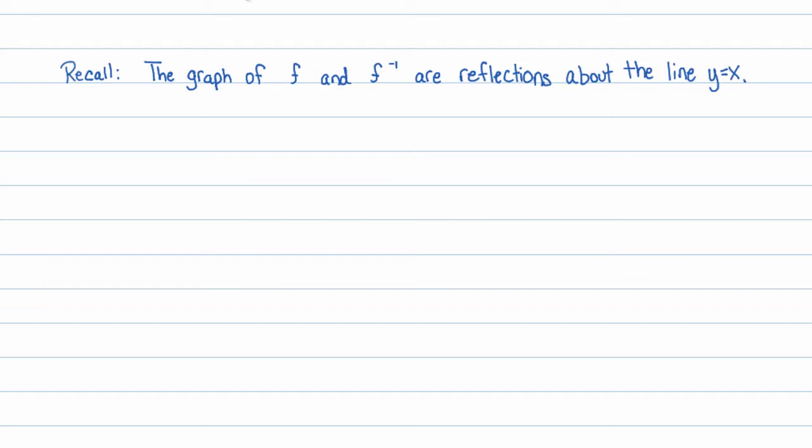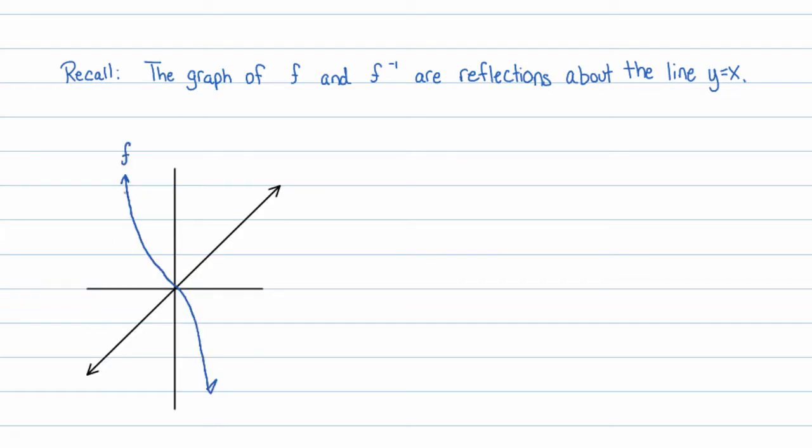So for example, if this was the graph of f, the one in blue, and the black line here is the line y equals x, then if I wanted to quickly graph the inverse function, I would essentially think of this black line as being a mirror and try my best to graph this mirrored reflection here. And probably one of the best ways to do that is just to take some sample points along here and swap their x and y values. That really is, I think, the best way to do it.